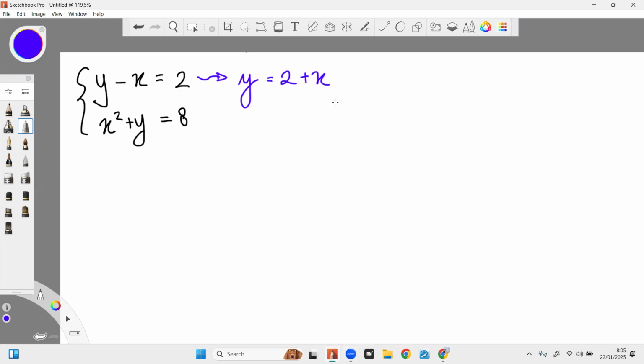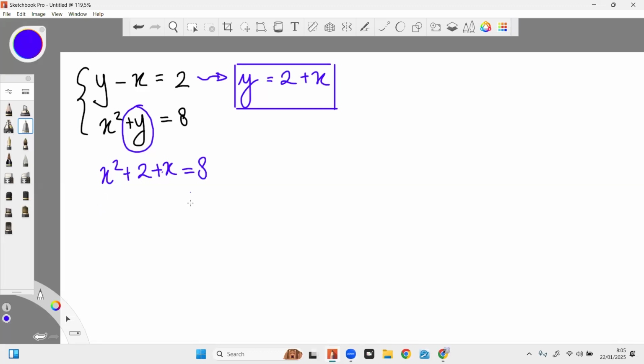And then you do the substitution of y on the second. So I rewrite x squared plus y equals 8, where the y is substituted from the first equation, 2 plus x. So this y is changed into 2 plus x. x squared plus 2 plus x equals 8.